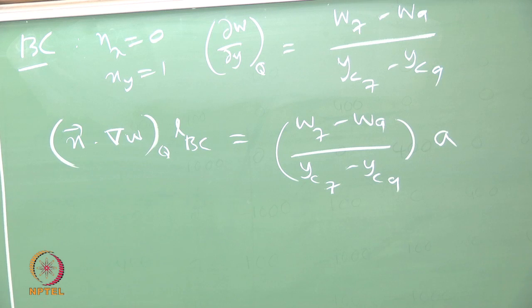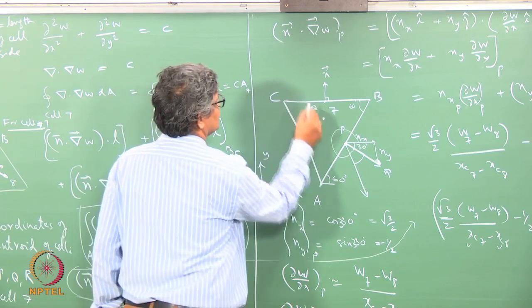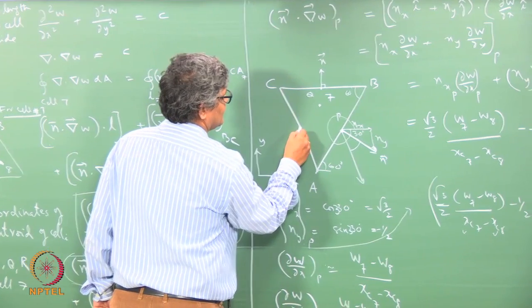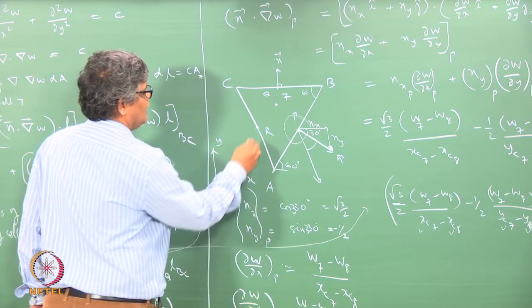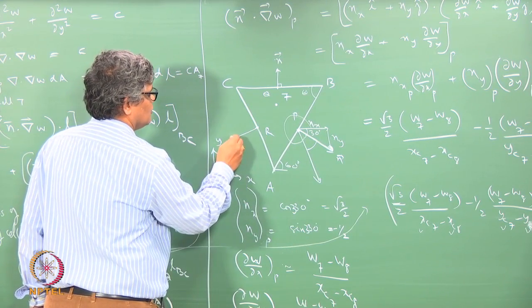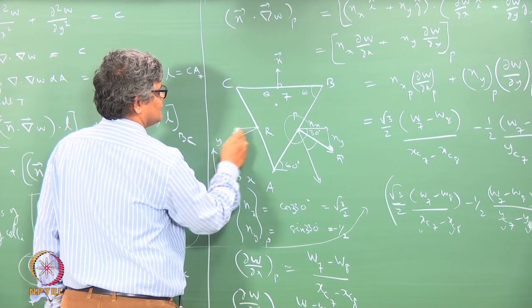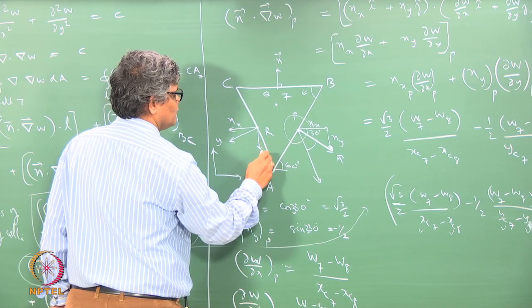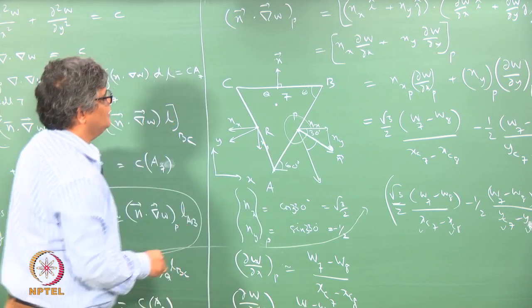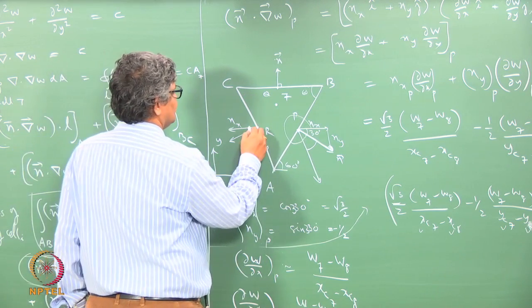Now we come to side CA here. Again we put the centroid, the center of this face, at R, and this has an outward normal vector like this. So this has Nx and Ny, and this is again 30 degrees.